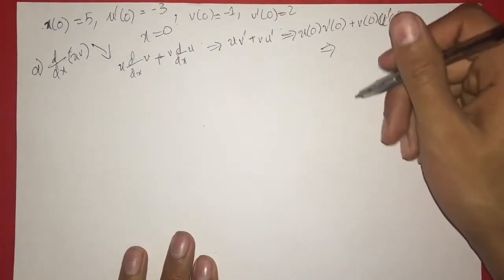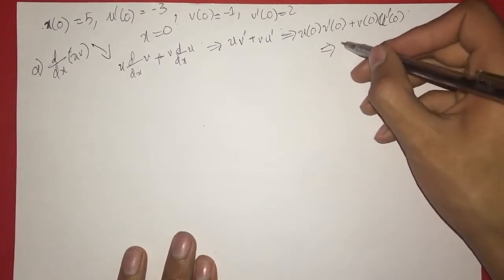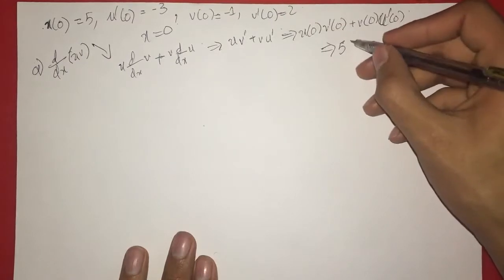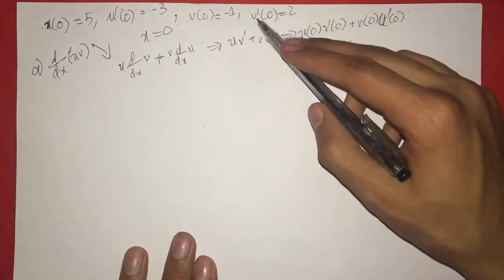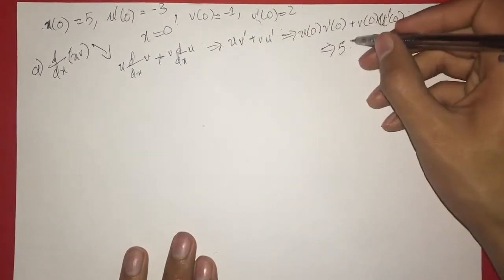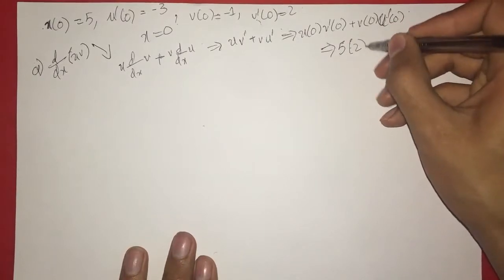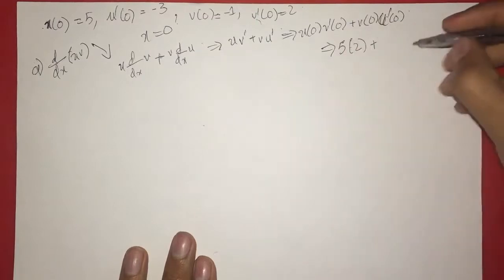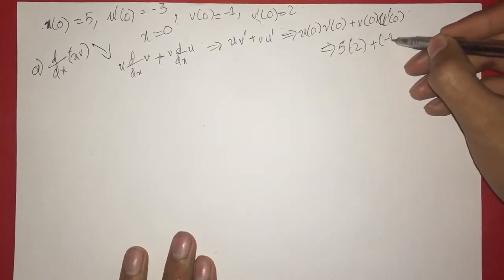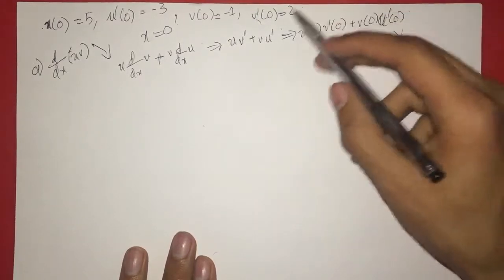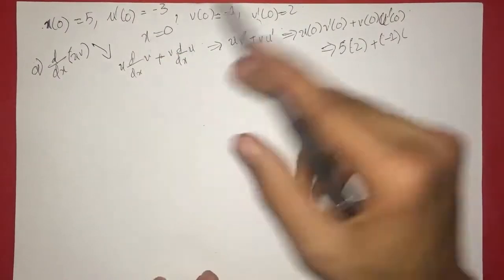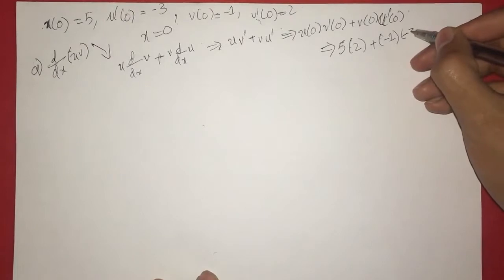So u of 0 is 5, and v dash of 0 means derivative of v of 0 is 2, plus the v of 0 is -1, into the derivative of u of 0, which is -3.